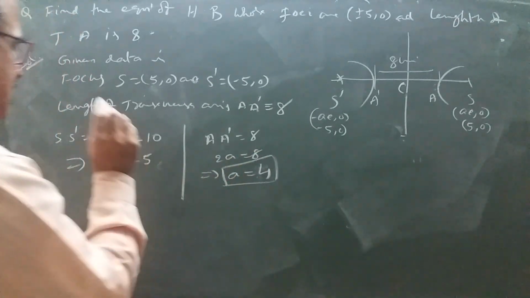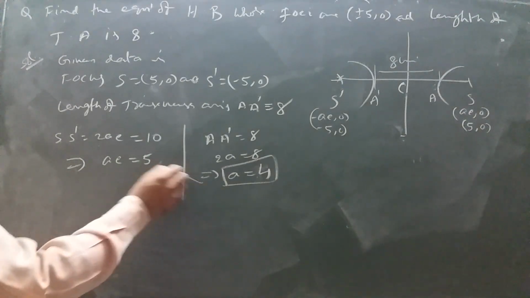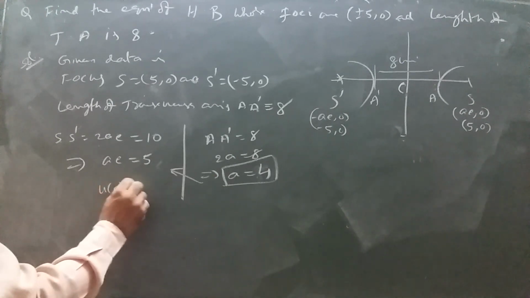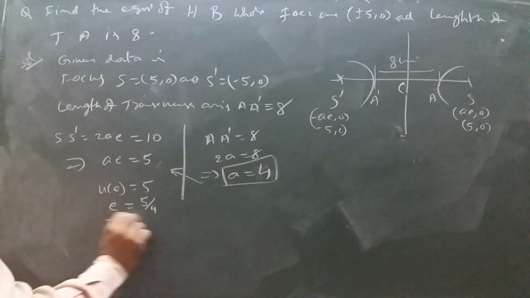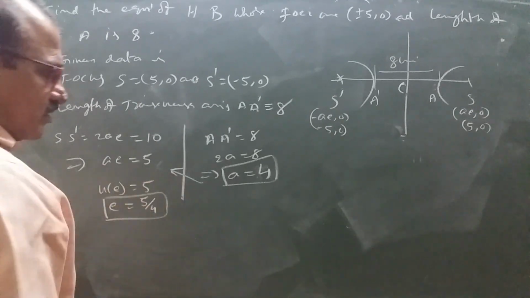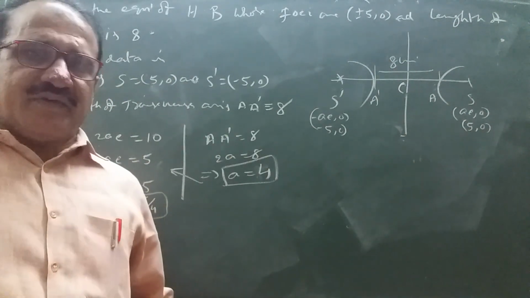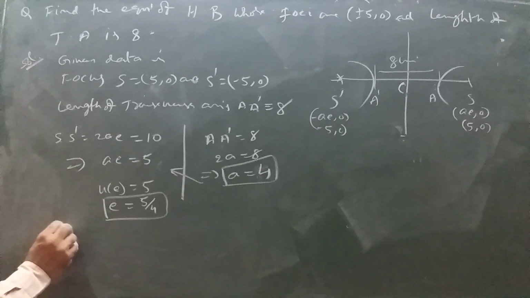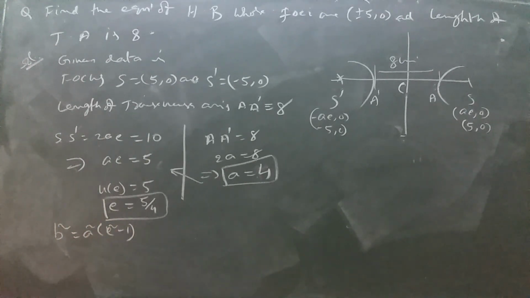By using this in this equation, we can find eccentricity E from this A value. 4 into E is equal to 5. That implies E is equal to 5 by 4. We know the 2 values A and E. If we know the value of B, we can write the equation very easily. We know that B square is equal to A square into E square minus 1.